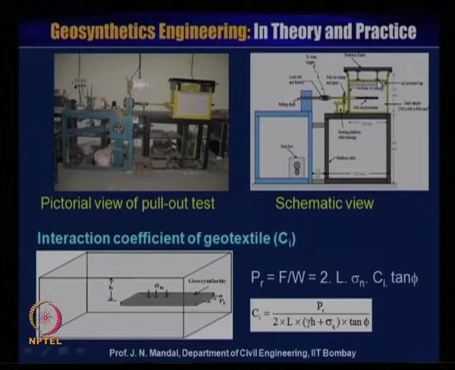This air pump is tightened with the rubber, and then you are applying the load, because if we provide a kind of air passage bag, then the load will be distributed uniformly. That is why it is very important that you should provide a proper air passage bag on the top of this soil.